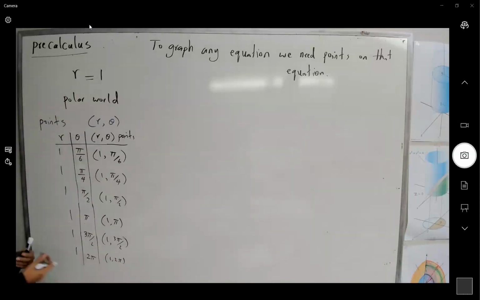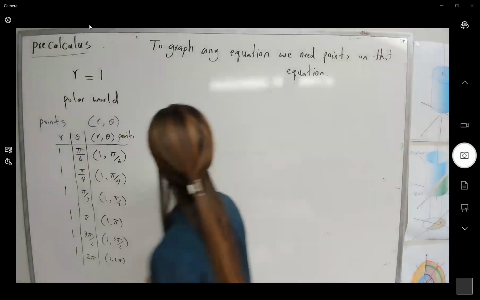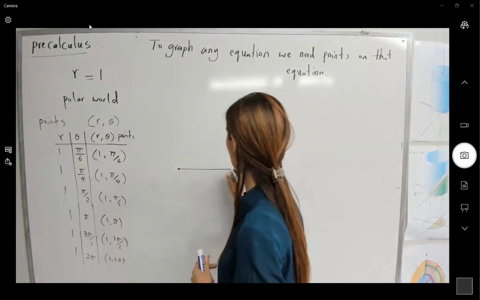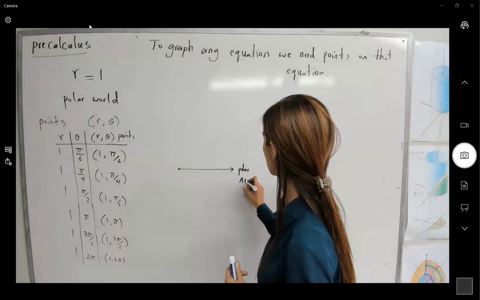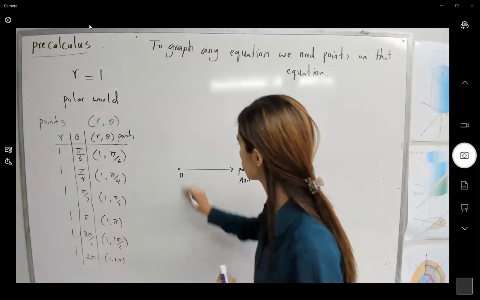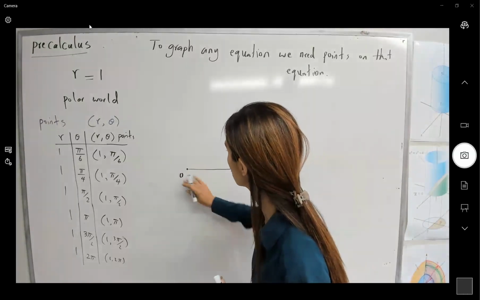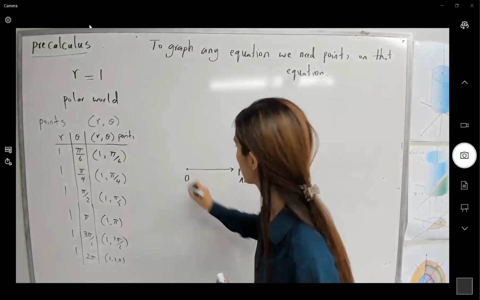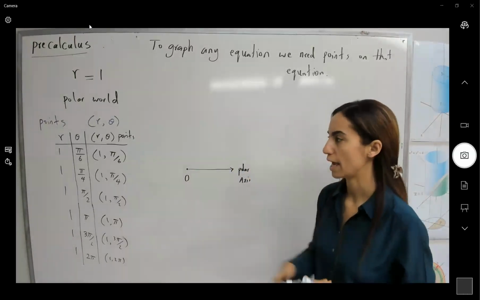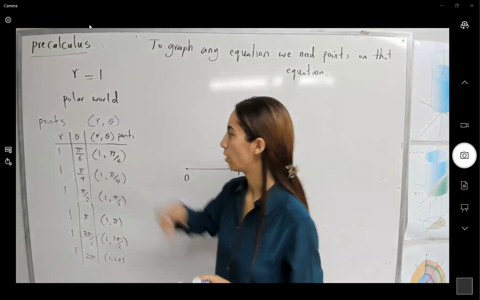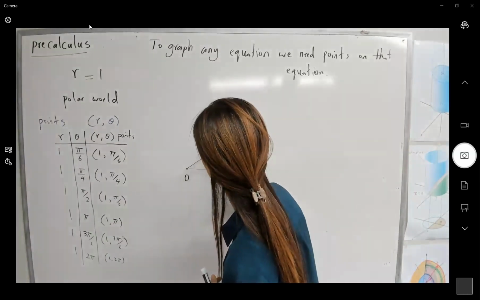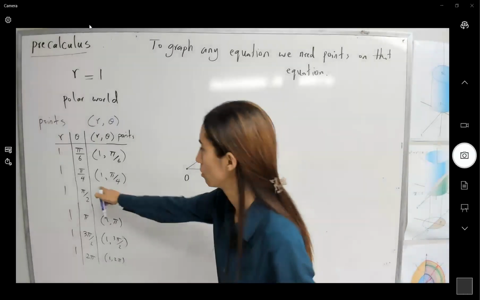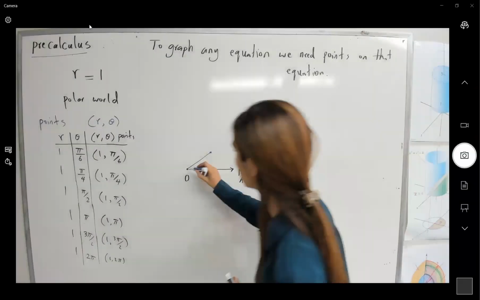So let's plot these points in this world. I have my origin and I have my polar axis. Let's move the origin a little bit here. The very first point has distance 1, angle pi over 6. The second point, 1 and pi over 4, distance 1.